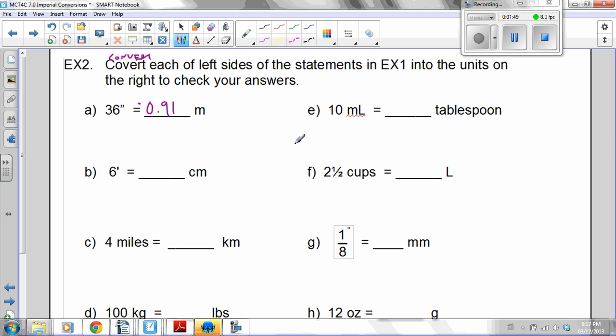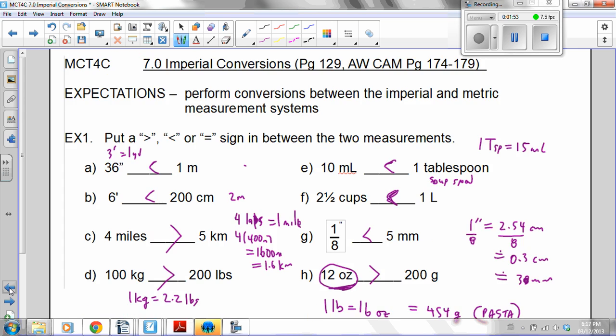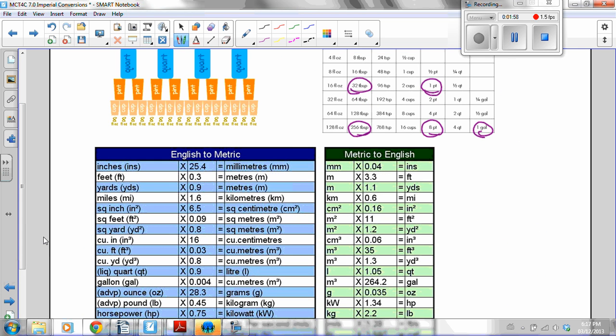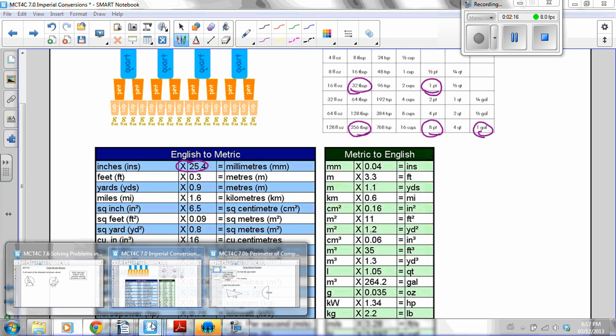Well, there are conversion factors, right? So what we can do is look up in a chart somewhere, and you've got one on your note, a conversion between inches and, in this case, millimeters. So I take the inches and I can multiply by 25.4 to get the answer in millimeters.